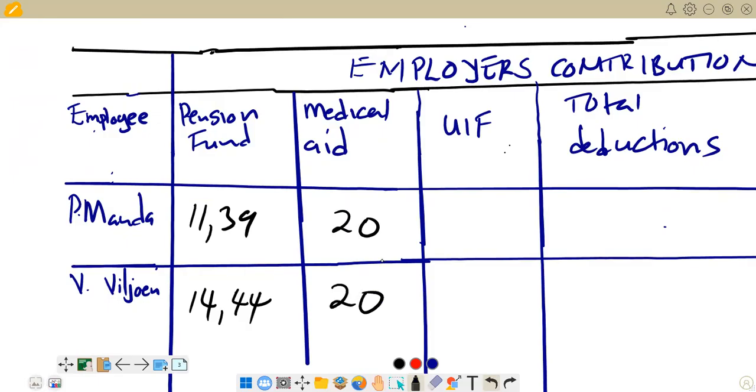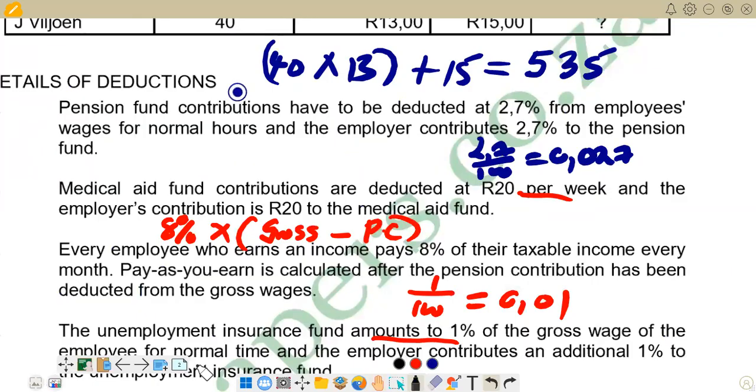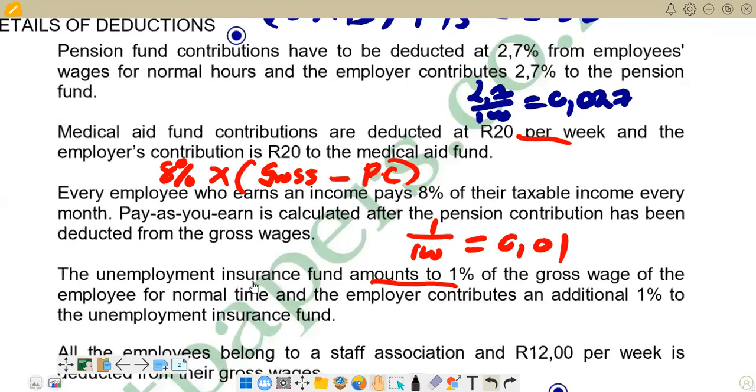And then UIF, let's see the instruction. On UIF, the unemployment insurance fund amounts to 1% of the gross wage of the employee for normal time, and the employer contributes an additional 1% to the employment insurance fund. So what does it mean? It also means the same amount that we have on the employees is going to apply for the employer.